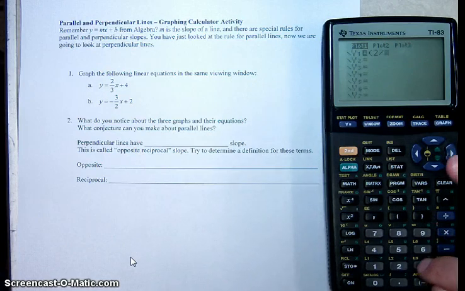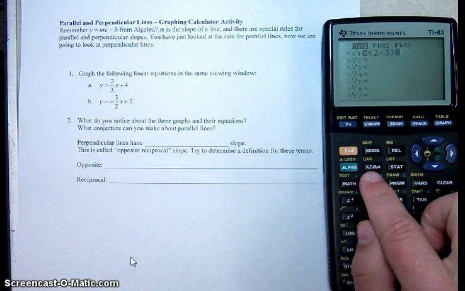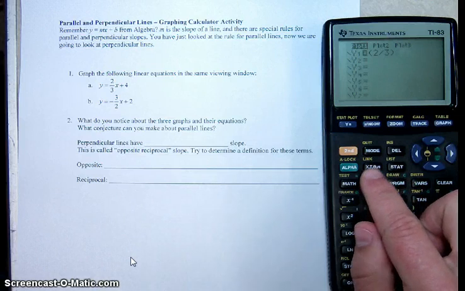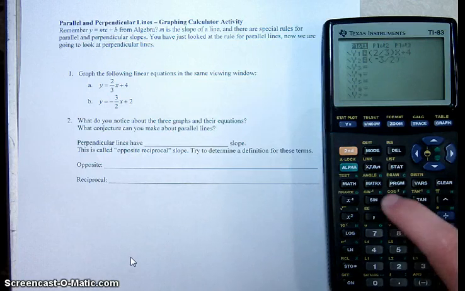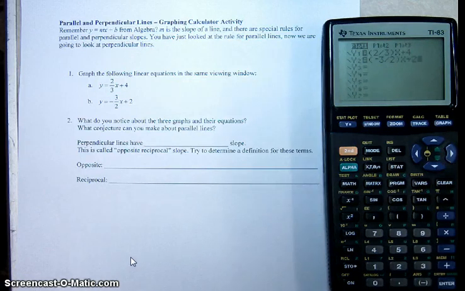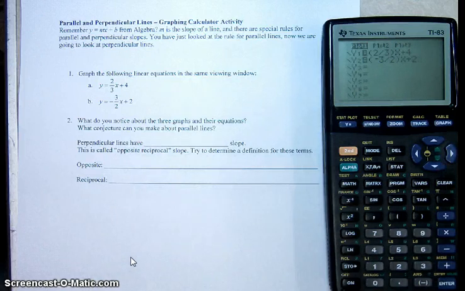Divided by 3, close your parentheses, and then this button right here to the right of the alpha button, if you push it, will give you the x, plus 4. And that's our first equation. Alright, now let's go ahead and arrow down to y2, and we're going to plug in our second equation, just like we did before. So negative 3 divided by 2, x plus 2. And now I have my equations in.